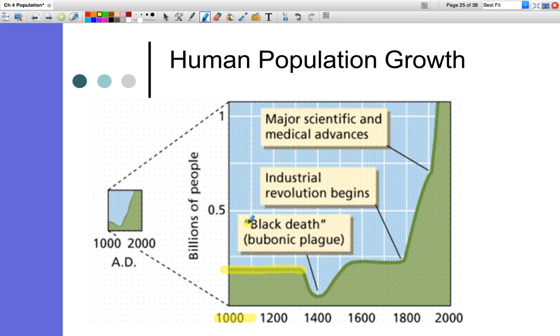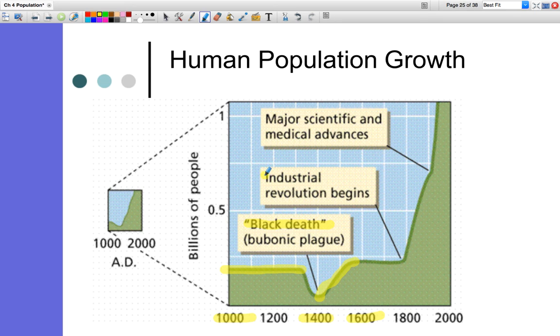The Black Plague occurs around 1400. A lot of people die. The human population dips. By 1600, the population gets back up as people who survive the plague develop immune responses to it. We fix our cleanliness habits to survive the plague.